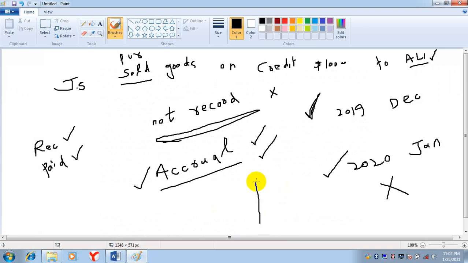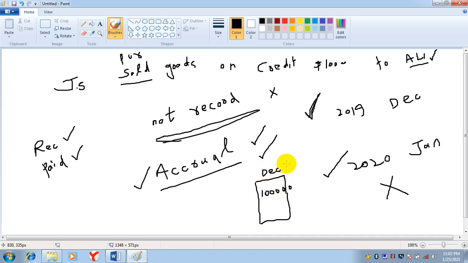Suppose these are employees. If we convert week to month, suppose employees work in December 2019. Their total salary is $100,000.